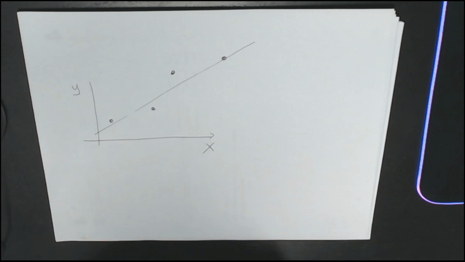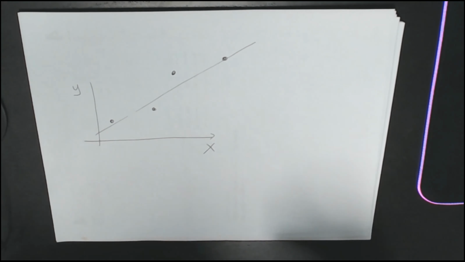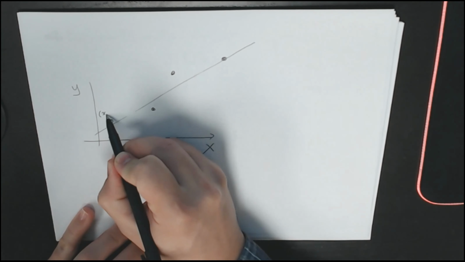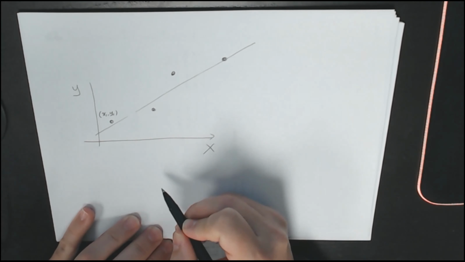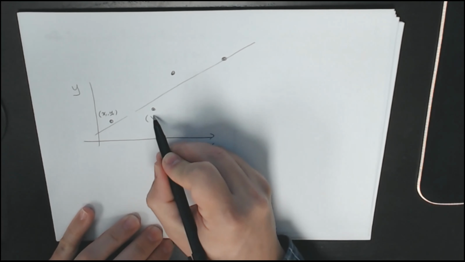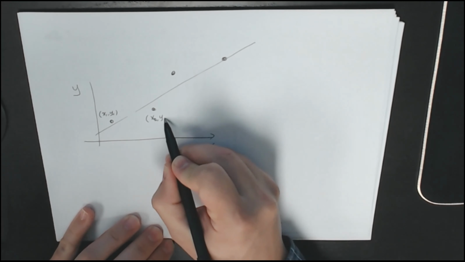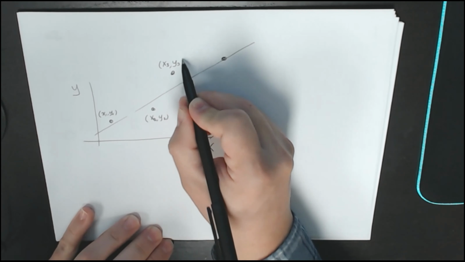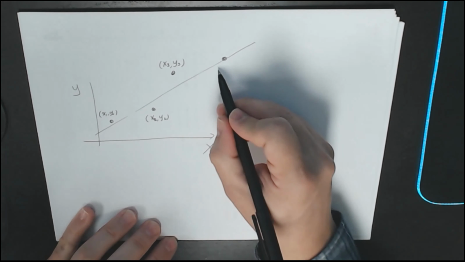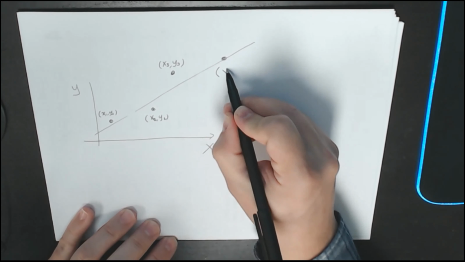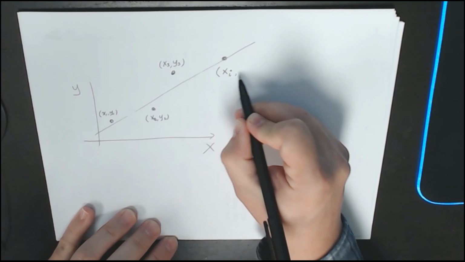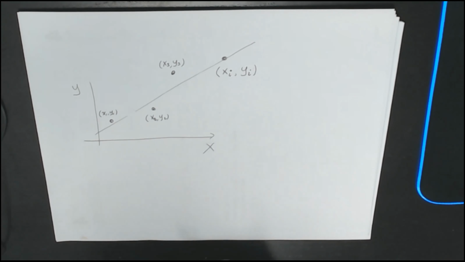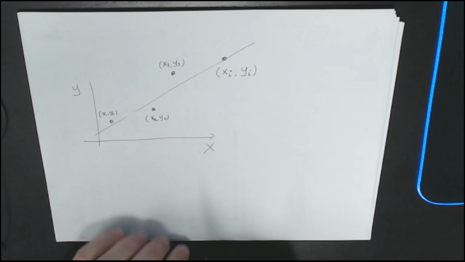To do this operation, you have to understand that what you've got is a sequence of data points. This first point is the point x1, y1. This second point is x2, y2. This is x3, y3. In general, we could talk about the points xi, yi for each and every one of these points.